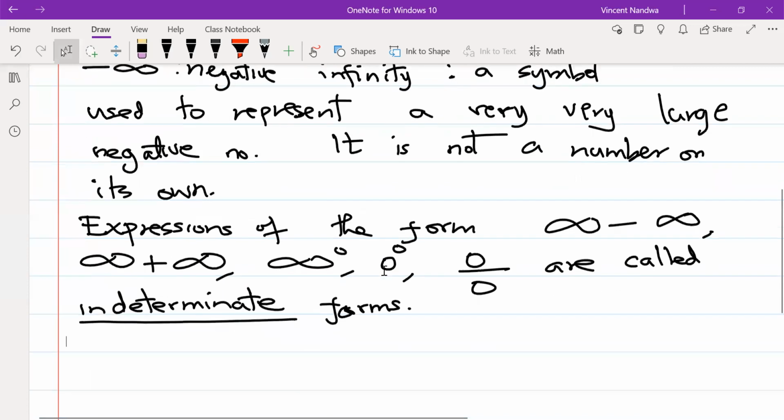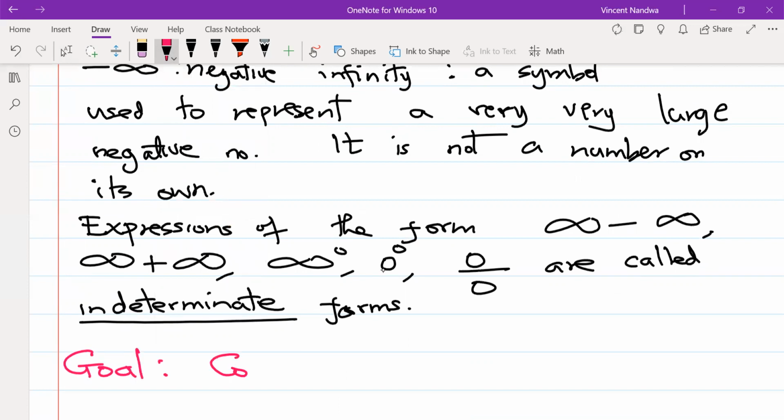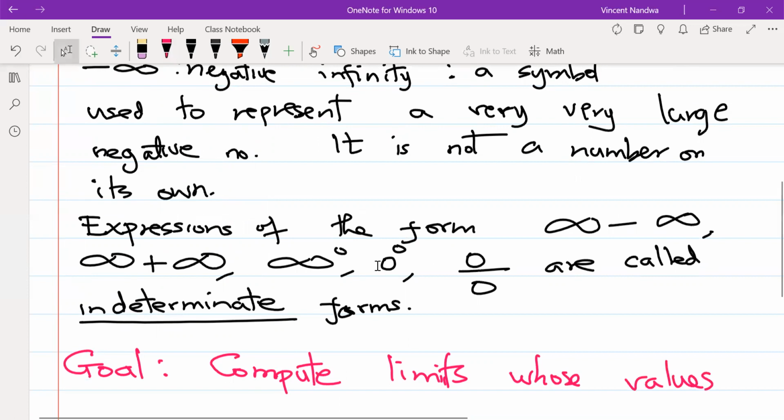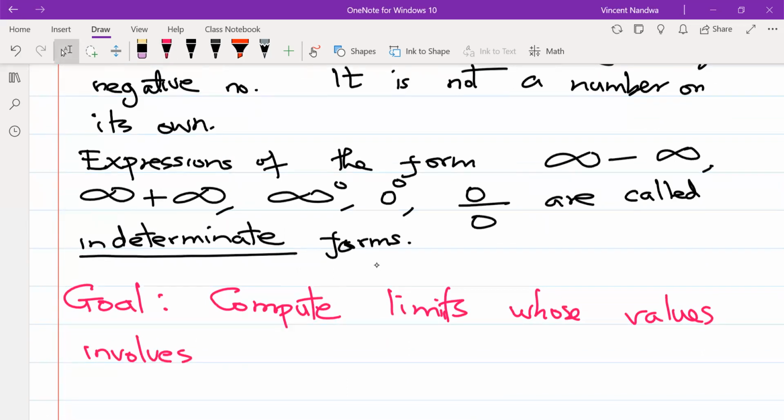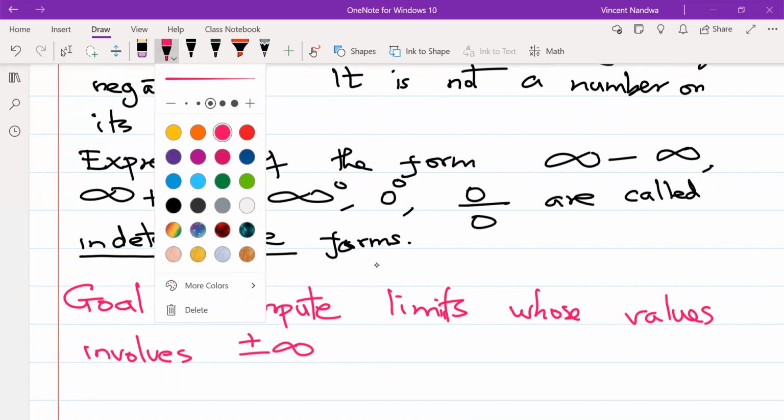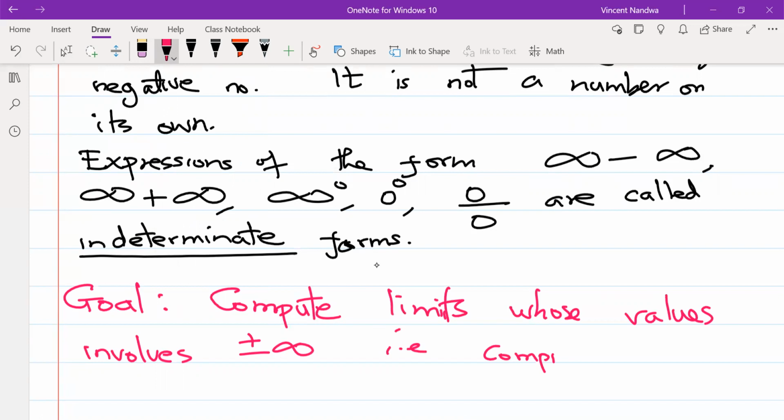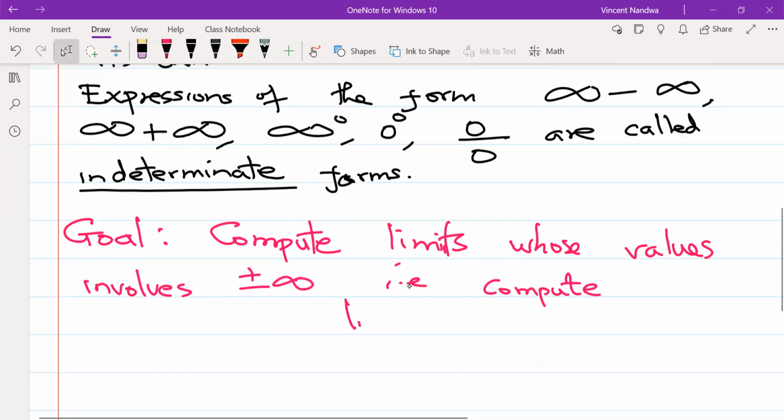So we are now set to compute. The goal of this section is to compute limits whose values involve either plus or minus infinity, i.e., we want to see how to compute a limit of the form limit as x approaches plus or minus infinity of a function f of x.